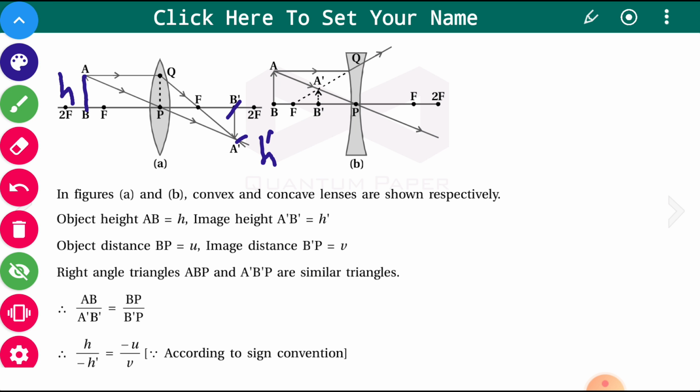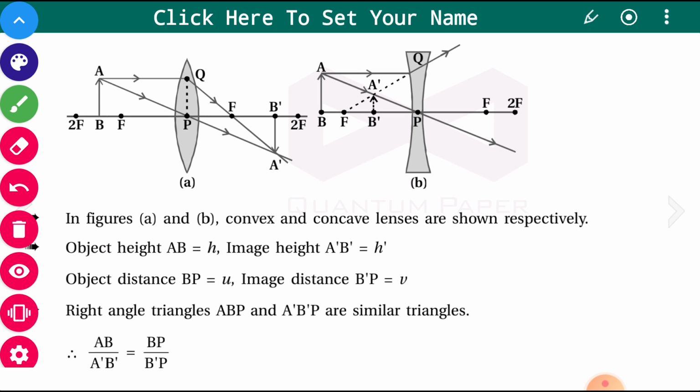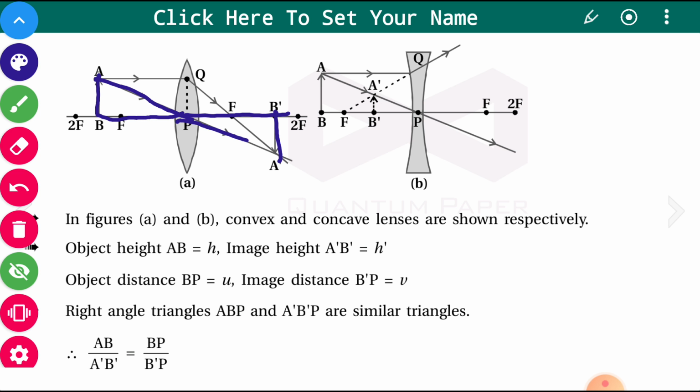Now two triangles are taken. The first is ABP, and the other one is A prime B prime P. They are similar triangles, so AB upon A prime B prime is equal to BP upon PB prime.